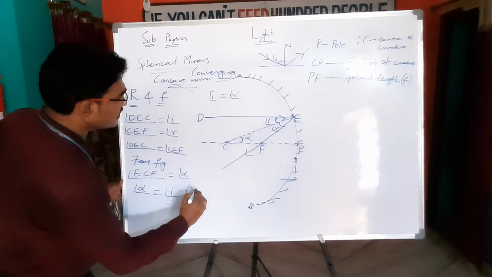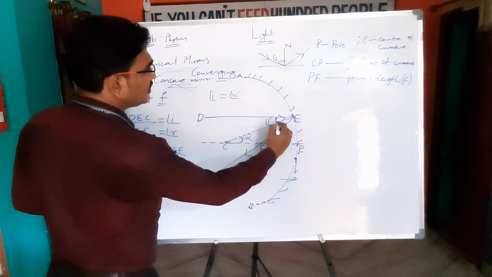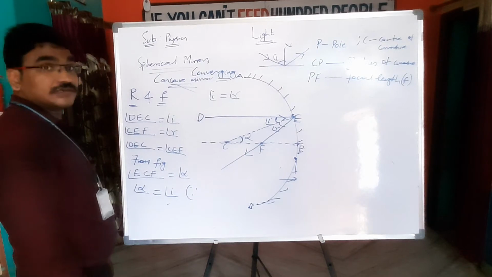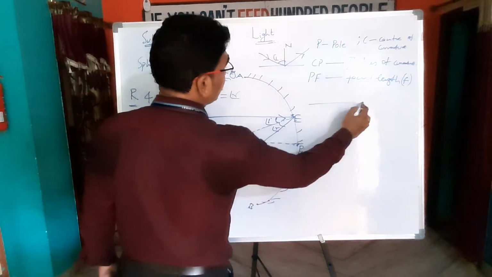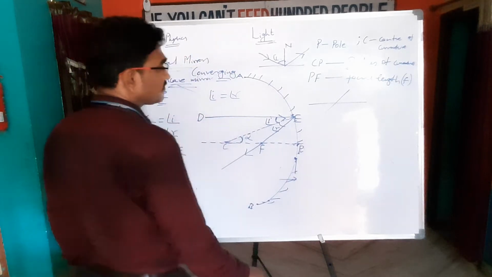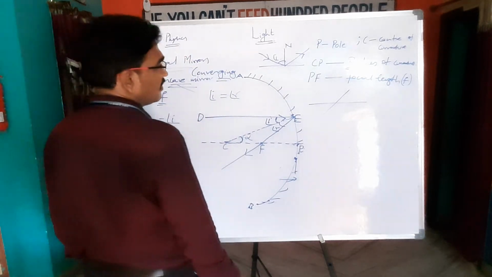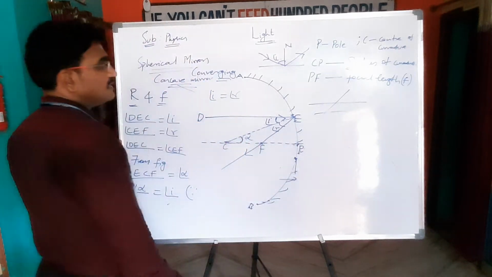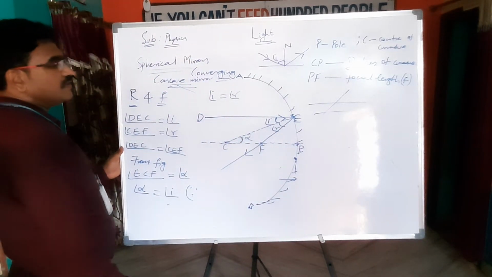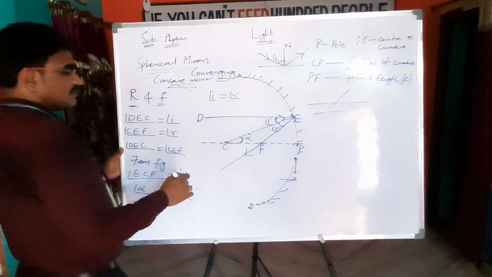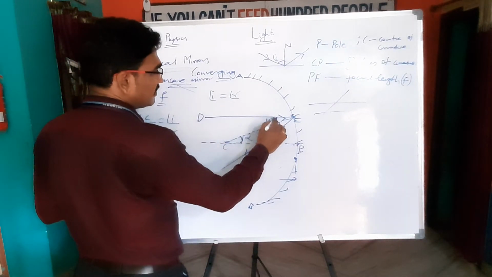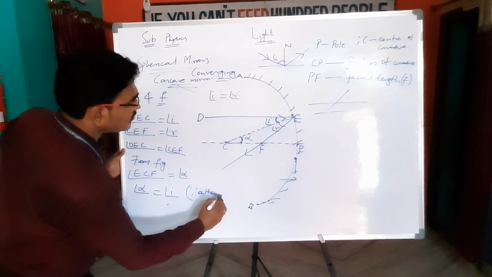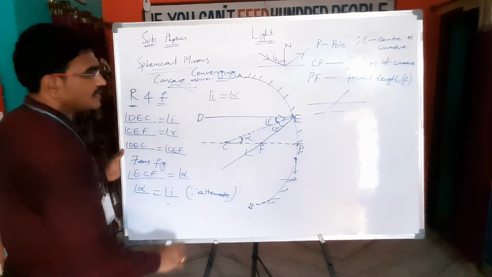Why? Since this angle and this angle are alternate. From the concept of transversal, I can say these two are alternates. This angle and this angle are alternate.